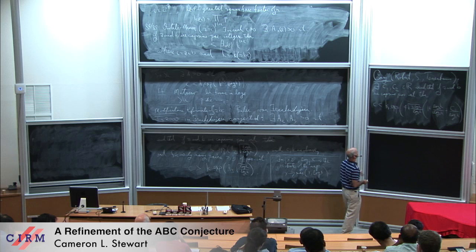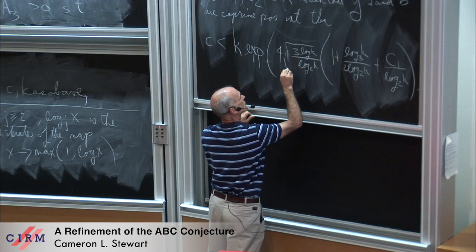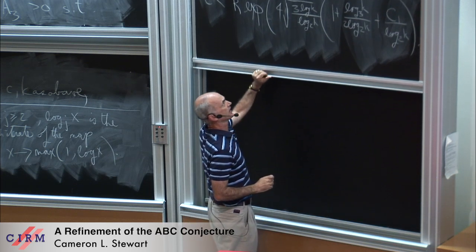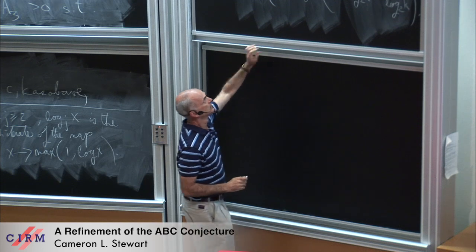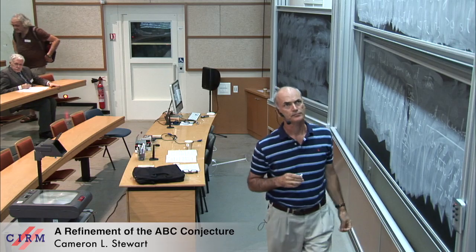And let me just write that properly. So this square root is over 3 log k over log k. So that's the conjectured refinement of ABC.